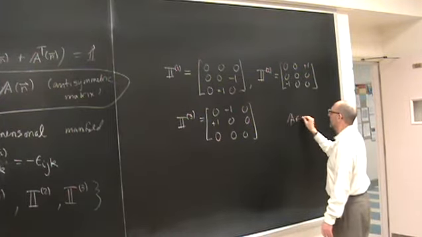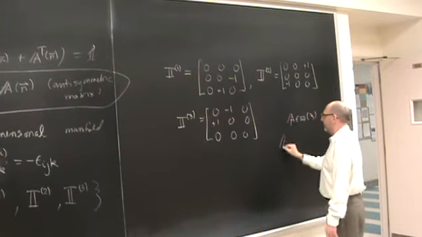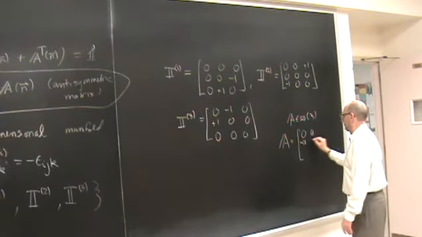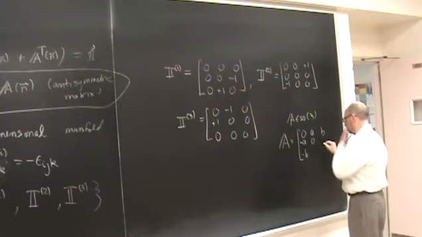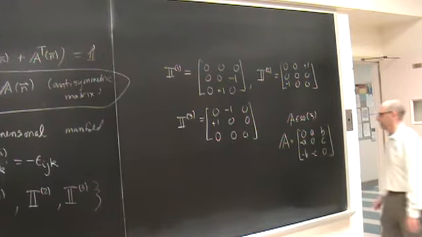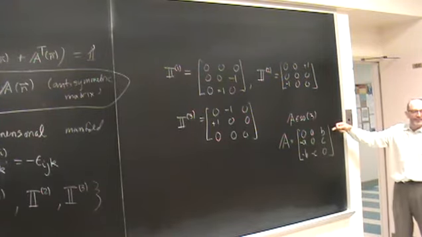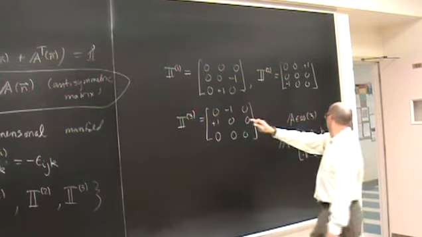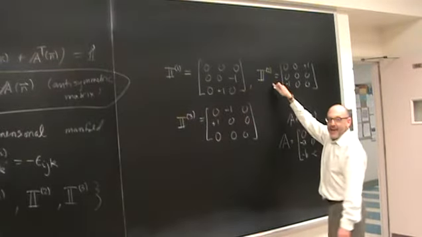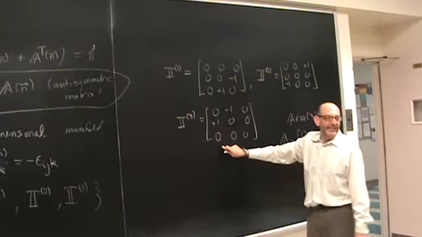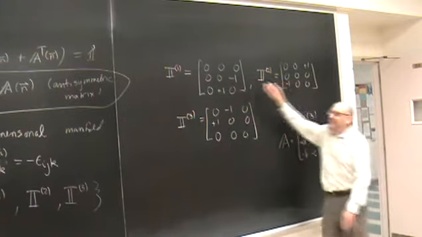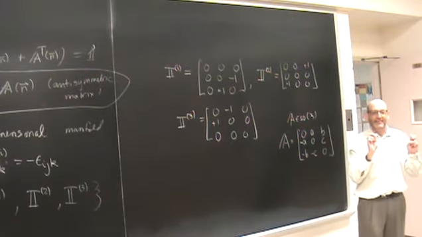Okay? And what I claim is any antisymmetric matrix in the Lie algebra has the form, and that matrix is minus C times this, plus A times that, minus B times that. So any antisymmetric matrix is a linear combination of these three basis matrices.